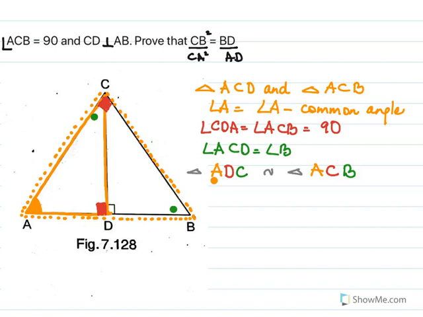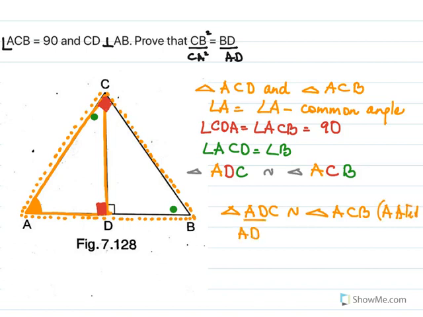Let me emphasize this point. So A was equal to A, angle D was 90, angle C was 90, and then C was equal to B. So we'll write it again. So triangle ADC similar to triangle ACB by AAA test.